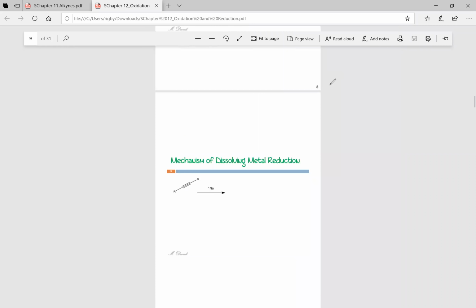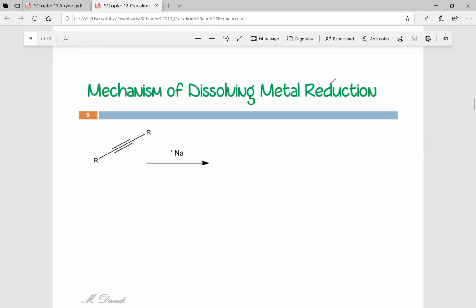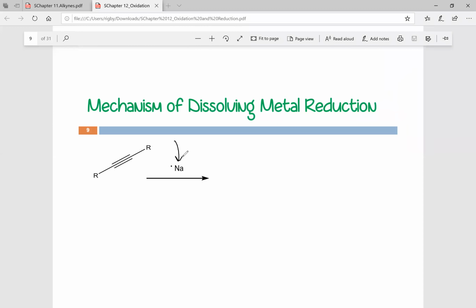So now we're talking about the dissolving metal reduction. This one is less important than the other types of reduction, but essentially what's happening is, you see here, we have a sodium radical, not a sodium without a full electron pair.